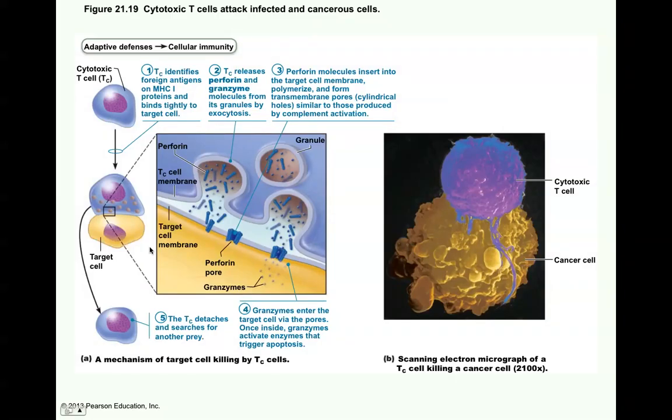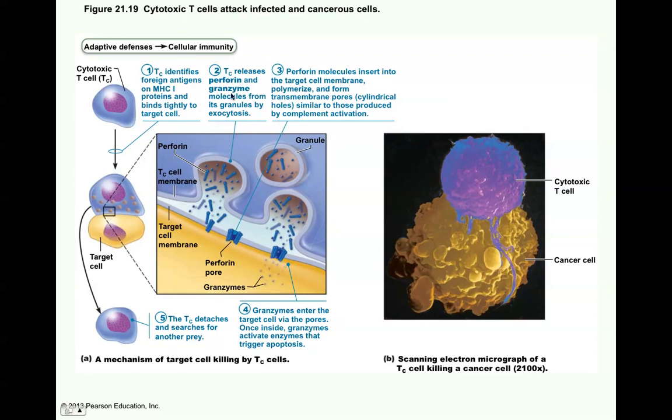And so this is actually showing you a cytotoxic T cell that's attacking an infected cell and a cancerous cell. So it identifies the foreign antigen on the MHC1 proteins, and it binds to that target cell. And then the cytotoxic T cell releases perforin.